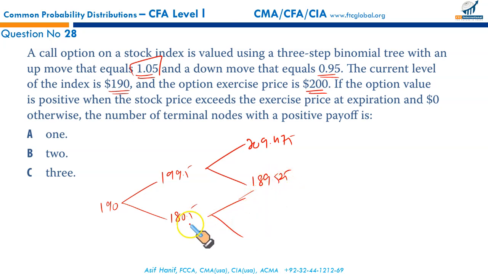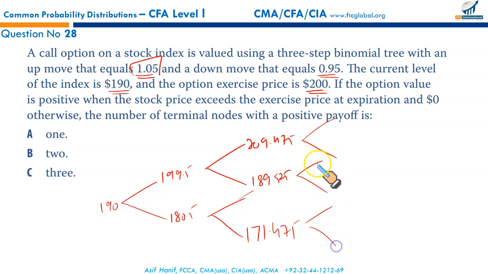And down move 180.5 times 0.95 gives you 171.475. Further up move, down move: 209.475 times 1.05 gives you 219.9488, and 189.525 up move, 189.525 times 1.05, is 199.00125.